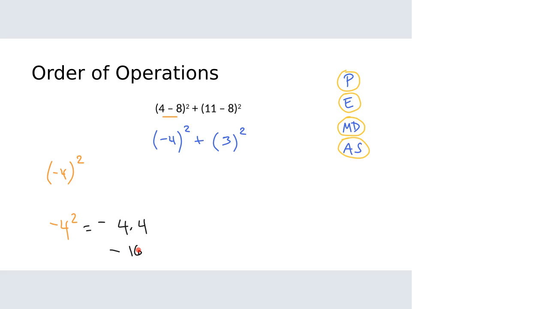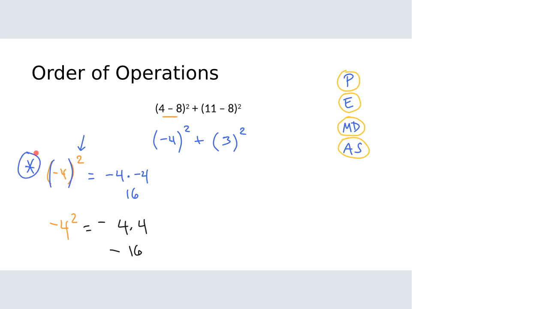In contrast to that, the one up above, those parentheses mean something for us. They say everything inside these parentheses gets squared. And so what that means is that's negative 4 times negative 4, which ends up with a positive 16. And so the parentheses definitely have a meaning here. And in the problems we're going to see, we're going to be working with this structure here.